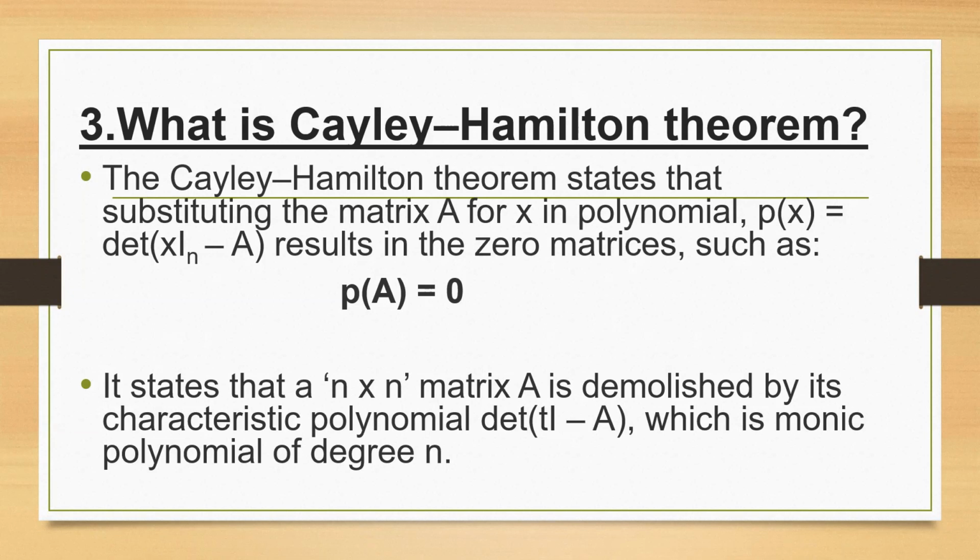The Cayley-Hamilton theorem also states that an n by n matrix A is annihilated by its characteristic polynomial det of t times the identity matrix minus A, which is a monic polynomial of degree n. So in simple and short words, the Cayley-Hamilton theorem states that every square matrix satisfies its own characteristic equation.